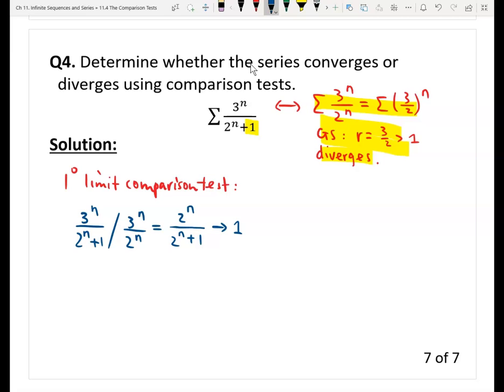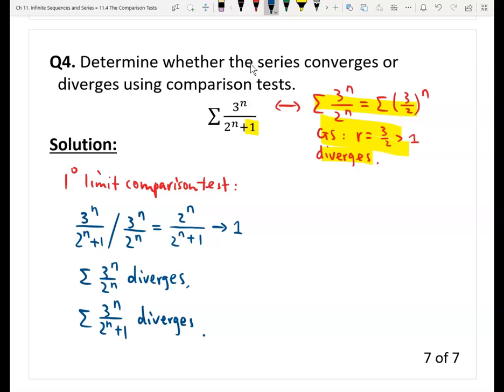Now, because the series 3 to the n over 2 to the n is a geometric series we just discussed, this diverges. By the limit comparison, our series, which is this one, diverges too.